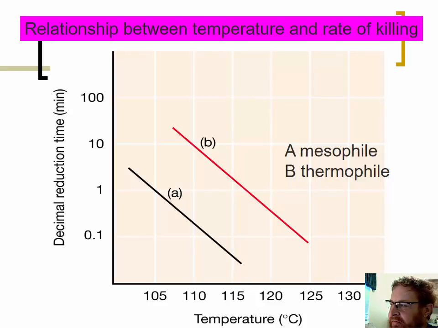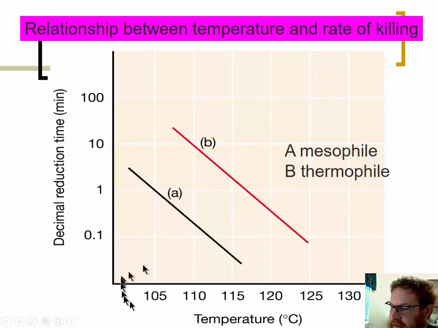Here is an example of what I was just saying about different things taking different amounts of killing. Here we have, in A, a mesophile, or in other words, something that grows at a medium temperature. Again, something like E. coli would be like that. Or in B, a thermophile, which is something that likes heat.